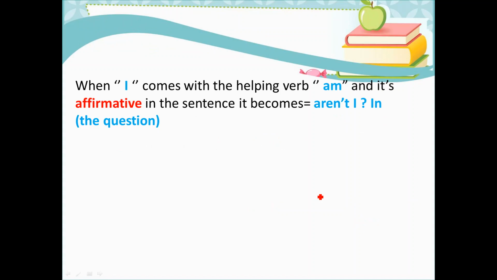So when I comes with the helping verb am and it is affirmative in sentence, it becomes aren't I in the question. إذا جاءت الجملة الفاعل في الجملة I مع الفعل المساعد am أوكي فقط وكانت الجملة مثبتة فالسؤال يصبح منفي فأستخدم aren't I. For example, I am a genius, aren't I?